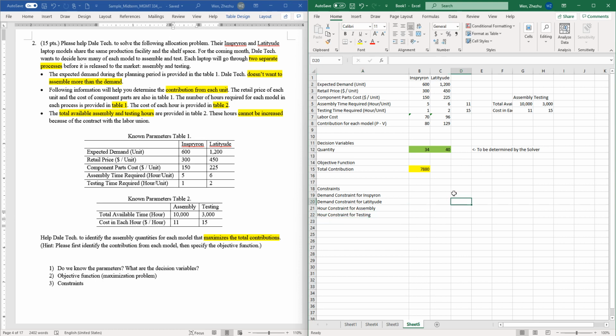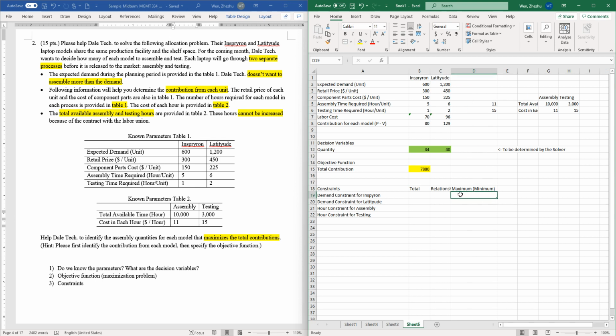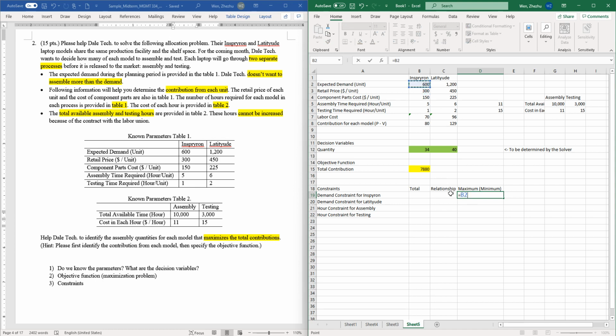Okay, so here obviously the demand constraint is 600, right? So I'm going to put down the total of each, and then the relationship. And also put down maximum or minimum. Okay, so with that, we know that our maximum demand is 600 for Inspiron. Our maximum number of latitude should be 1200.